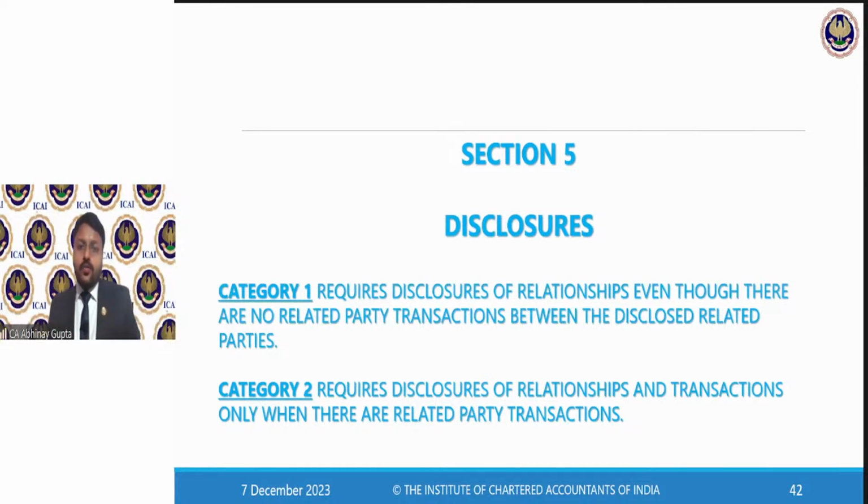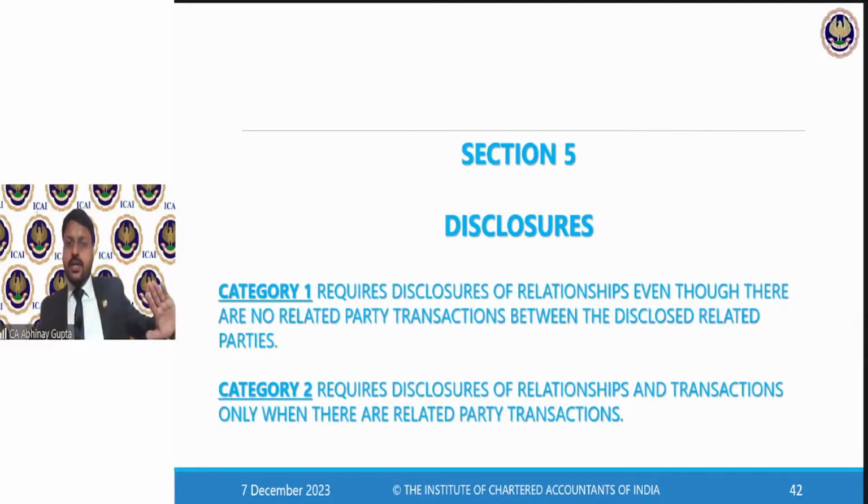Okay. Now we will proceed to the main part of the standard, that is the disclosures. What are the disclosures which we need to make? Because whatever we have been studying since morning is only for this purpose, right? So this standard is a disclosure standard only. This standard asks us to disclose all the related party transactions. Now, because we need to disclose the related party transactions, we have to identify first which all parties are related parties, right?